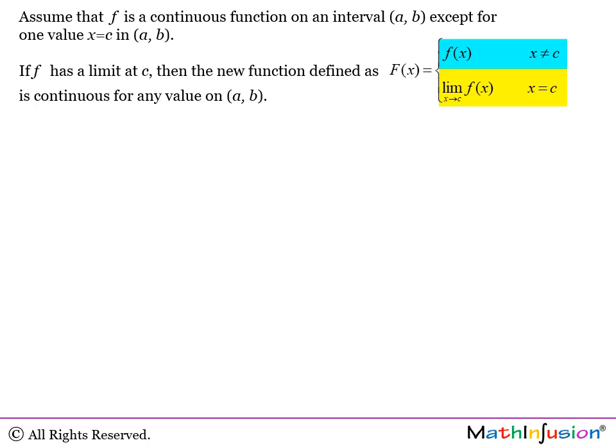When x equals c, the value of the new function is the limit of the old function when x approaches c, and this function is continuous for any value on [a, b]. You can check that because the limit of the new function as x approaches c is really equal to capital F of c.